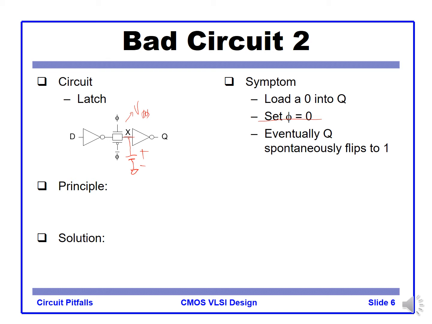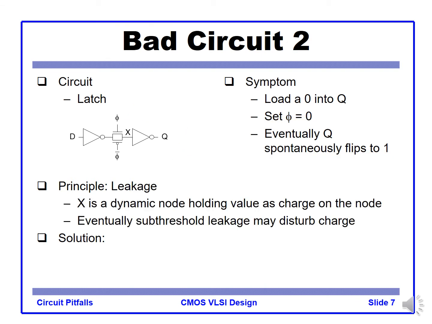but because of the leakage it may go down to 0 voltage, right? So the output will flip to VDD. Sometimes it flips to VDD. Why does this happen? Because X is a dynamic node holding the value.